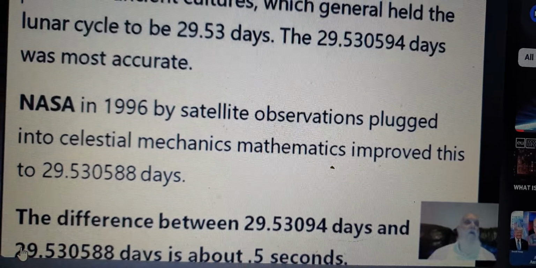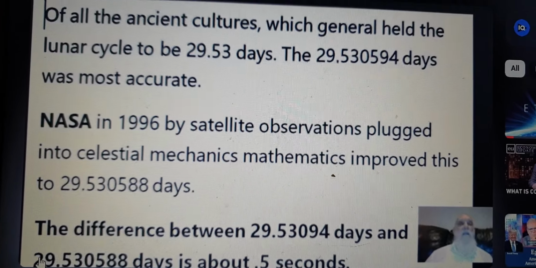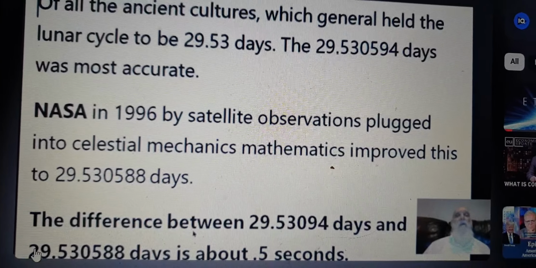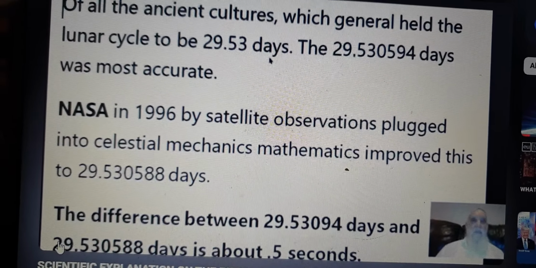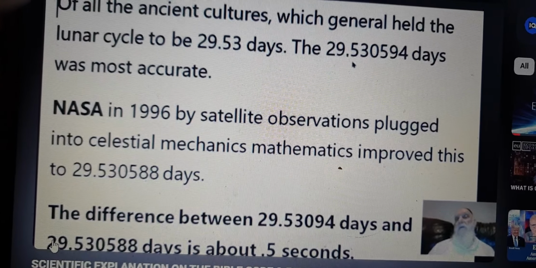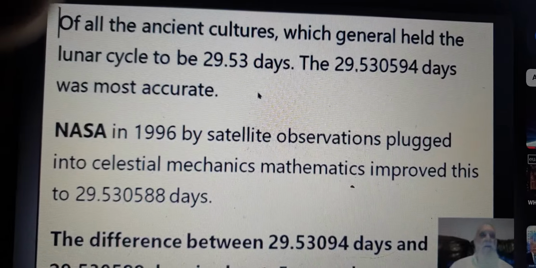So of all the ancient cultures, which generally held the lunar cycle to be 29.53 days, the 29.530594 days was most accurate.